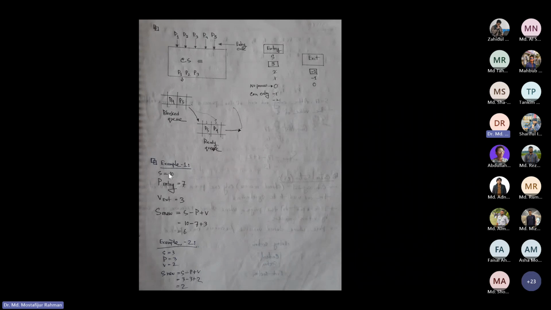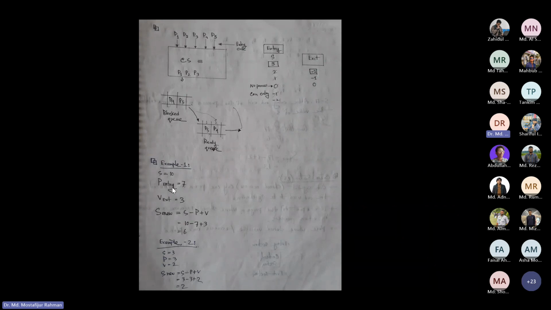Sometimes in a quiz, this kind of mathematical problem can be solved. For example, if the semaphore value is 10, that means only 10 processes can get entry into the critical section. The semaphore value indicates the number of processes that can enter.